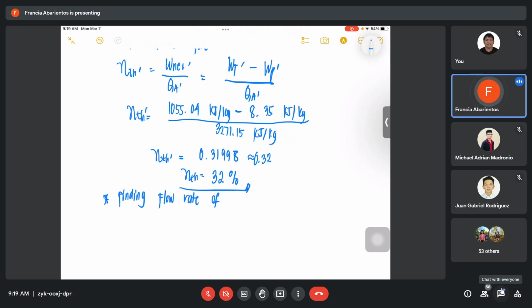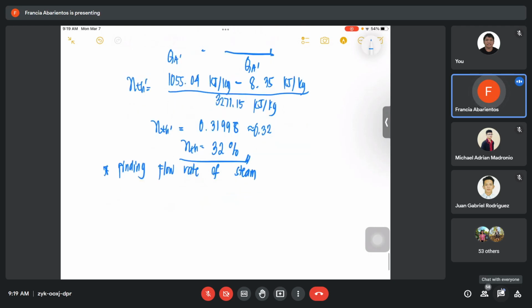Okay, paano yun? Given sa atin sa problem the 100 megawatt, so that is the total net power. Yan yung na-produce. Okay.